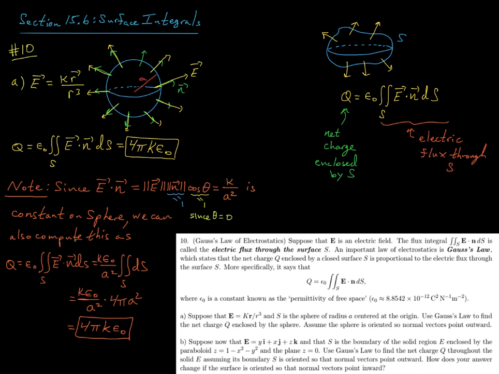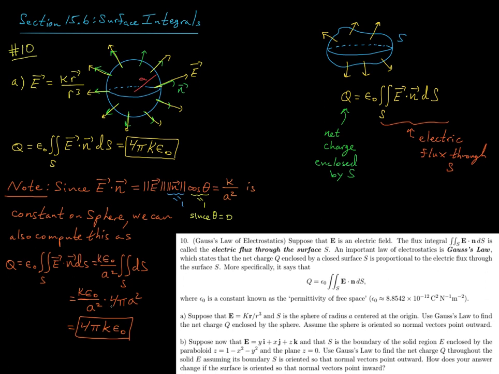So we can also compute this flux integral by pulling it out front. It's going to be that constant k over a squared with our epsilon naught from Gauss's law times this integral over the sphere of just dS. And that's just the surface area of the sphere, which is 4 pi a squared. You see the a squareds drop out, and you wind up with 4 pi k times epsilon naught.